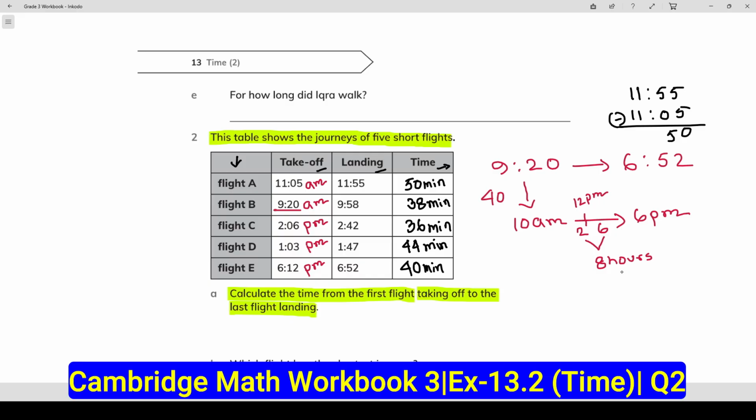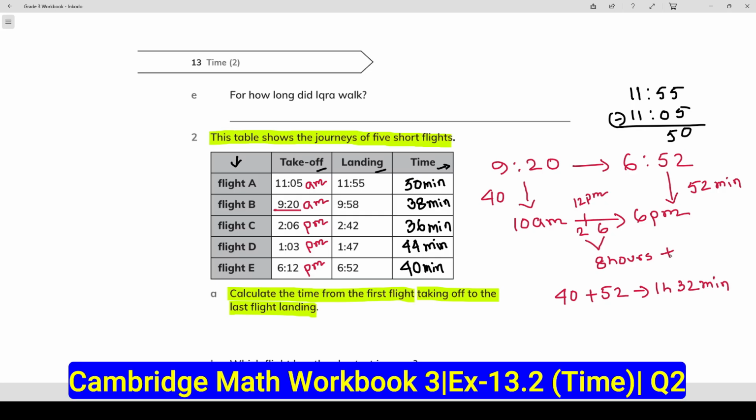Okay, very simple. Now look, 6 p.m. to 6:52 is 52 minutes. So 40 minutes plus 52 minutes is 1 hour 32 minutes.